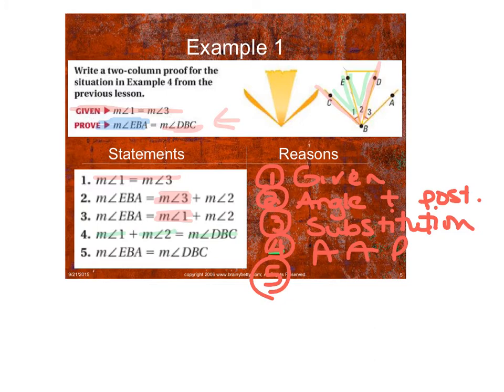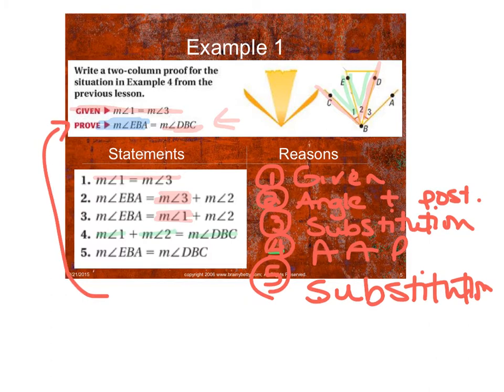What changed from 4 to 5? They substituted the measured angle 1 plus measured angle 2 for the measured angle EBA. Beautiful. Substitution. So they took out 1 and 2 and replaced it with EBA. And now that is exactly what we were trying to prove, so we're finished. Your last statement should be what you're trying to prove.